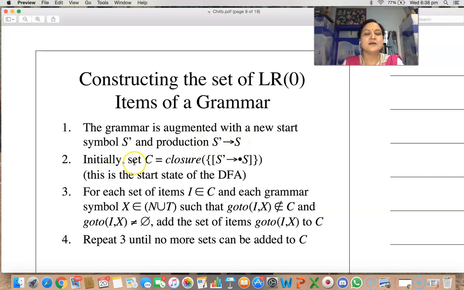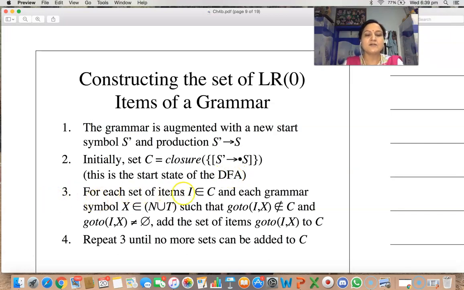Initially the C, that is the set of LR0 items, is equal to closure of the first production of the grammar. The first production of the grammar is S dash tends to dot S. So initially we compute C equals to closure of S dash tends to dot S. Now this is the start state of the DFA, that is deterministic finite automata, which recognizes the viable prefixes.